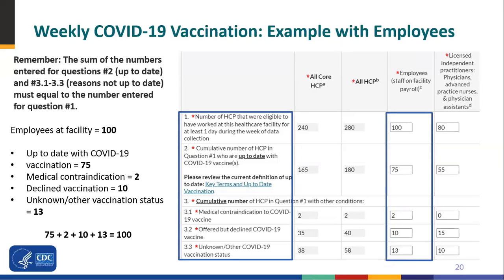When you add the numbers that are reported for questions 2 and 3, you see that they add up to the number reported for question 1, which is 100.